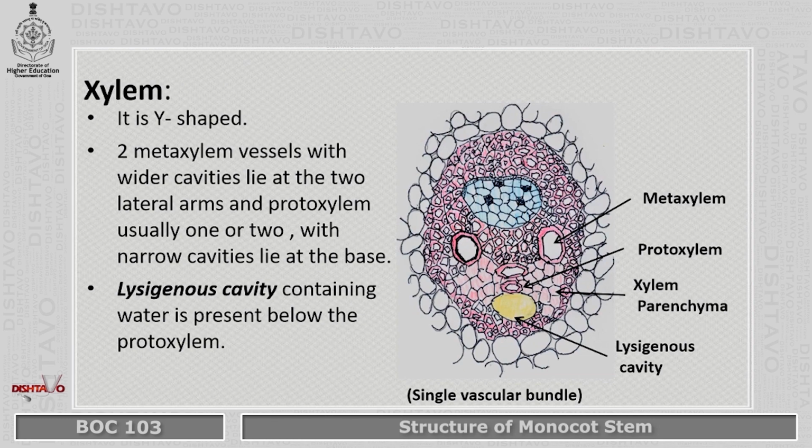Two metaxylem vessels with wider cavities lie at the two lateral arms, and protoxylem, usually one or two, with narrow cavities lie at the base. This type of arrangement is not seen in case of the dicot stem. Also, there is presence of lysigenous cavity containing water. It is present just below the protoxylem.